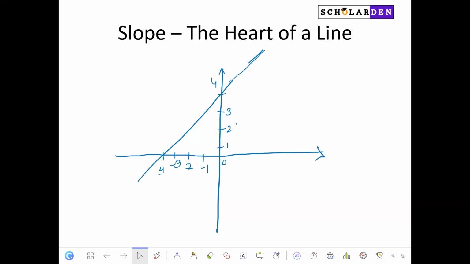So what we want to do is find out the slope. The reason we want to find out the slope first is that once we have got the slope, we can look at the equation of a line in a different light. We can look at any linear equation differently. So this is an important characteristic of the line itself. So let's look at the rise.